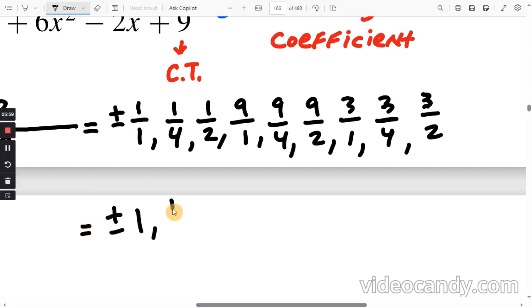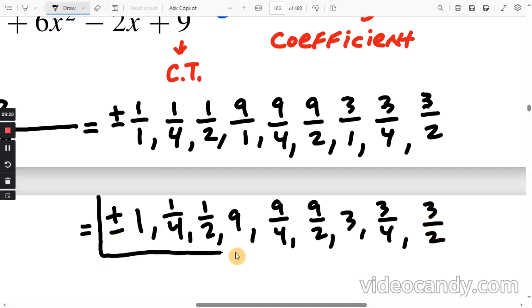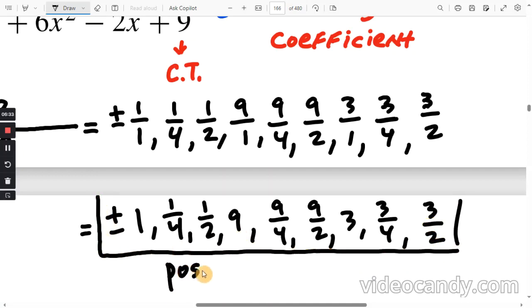And 1/4 we can't reduce. 1/2 we can't reduce. 9 over 1 is just 9. 9/4 we cannot reduce. 9/2 we cannot reduce. 3 over 1 is just 3. 3/4 we can't reduce. And 3/2 we can't reduce. So this right here, these are the potential zeros or possible zeros.